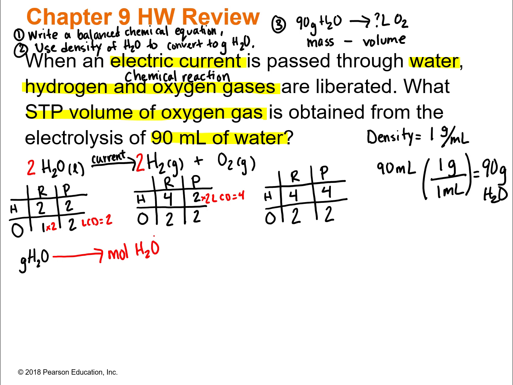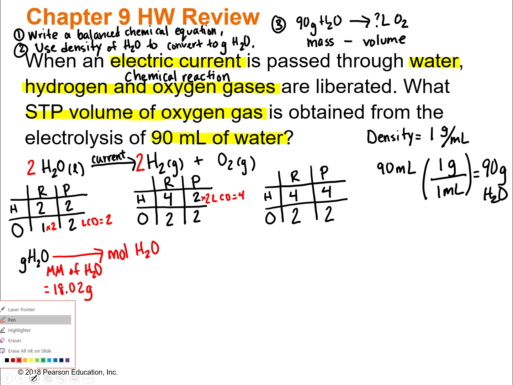And the way we go from grams to moles is molar mass. So we'll use 18.02 for the molar mass of water. And if you need help figuring out how to calculate the molar mass, let me know after class.